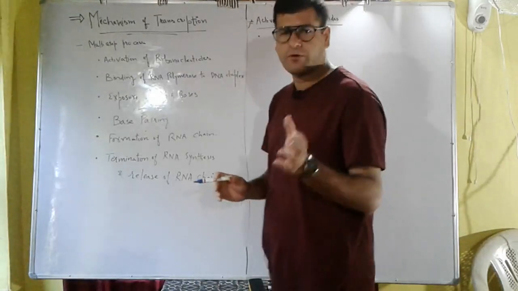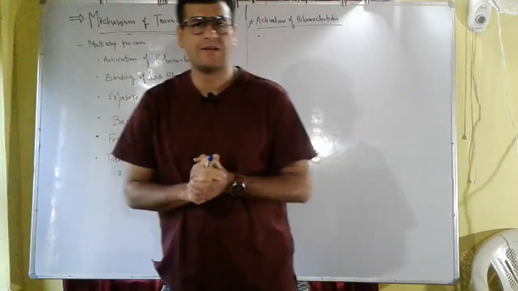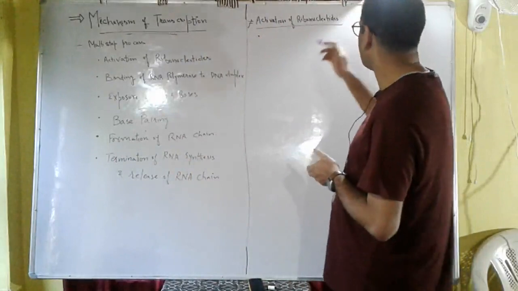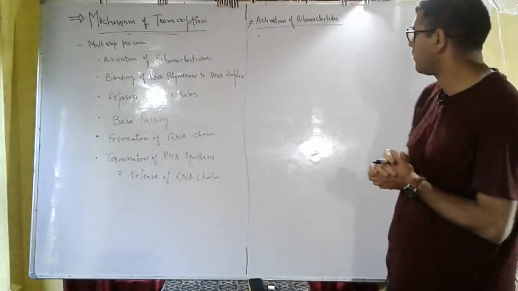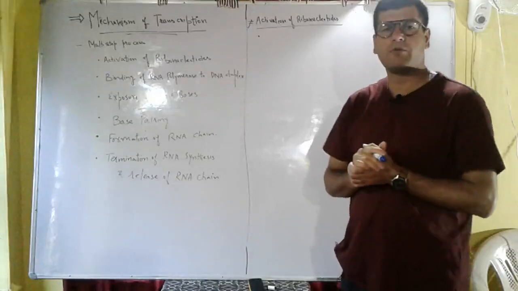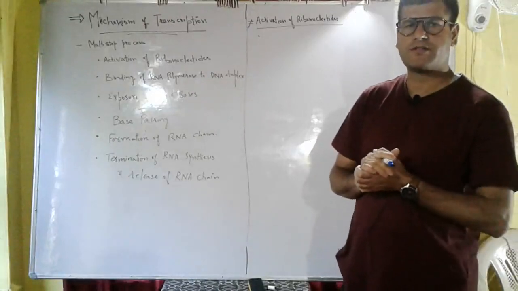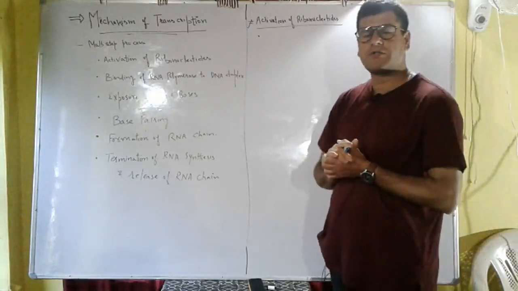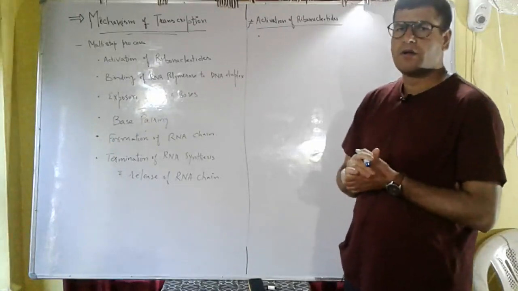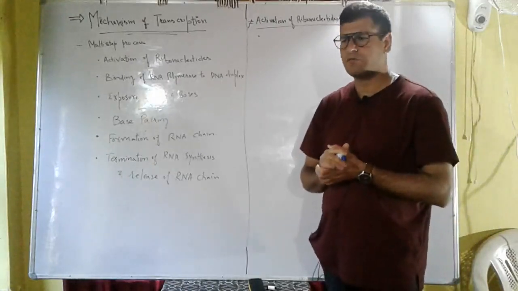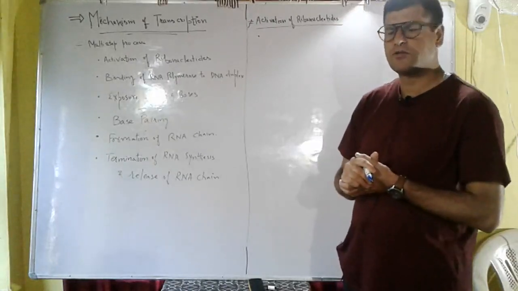These ribonucleotides are basically the building blocks of RNA. Four types of ribonucleotides participate in RNA synthesis. One is adenosine triphosphate, guanosine triphosphate, cytidine triphosphate, and uridine triphosphate.